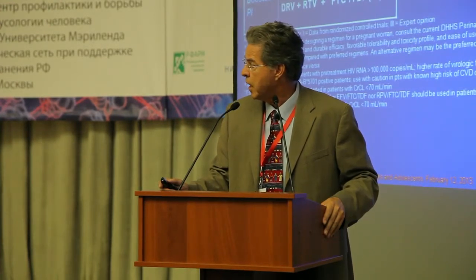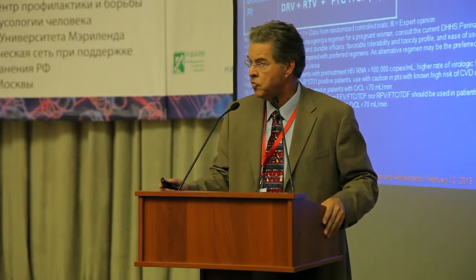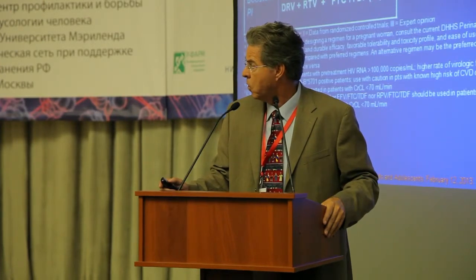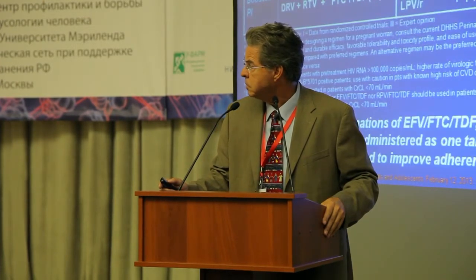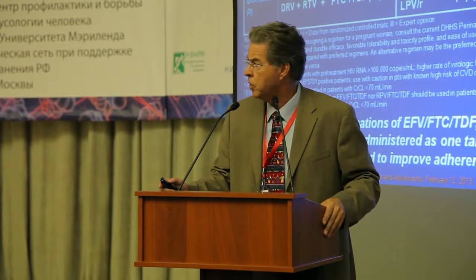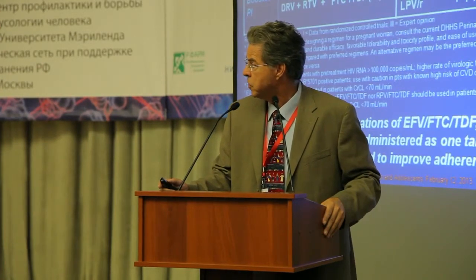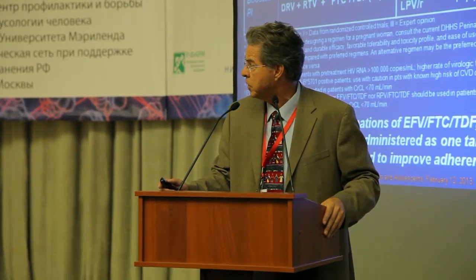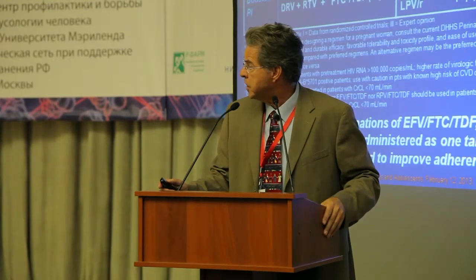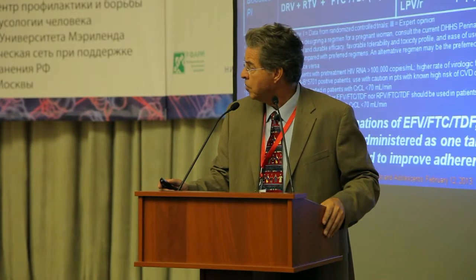And in the boosted PI category, it's either boosted atazanavir or darunavir along with Truvada. There's also an alternative category listed that contains both Stribild and also Eviplera, and contains many of the regimens included in preferred with Kivexa in place of Truvada.